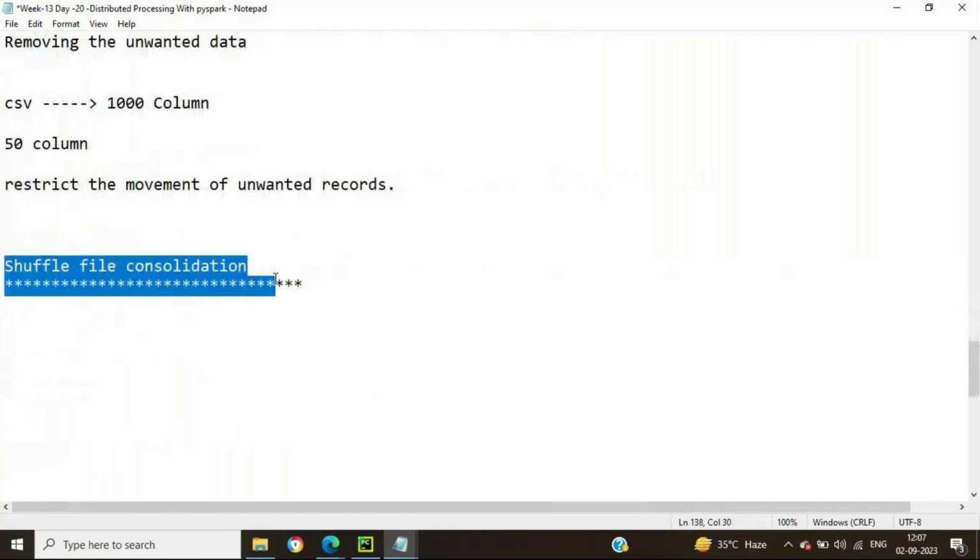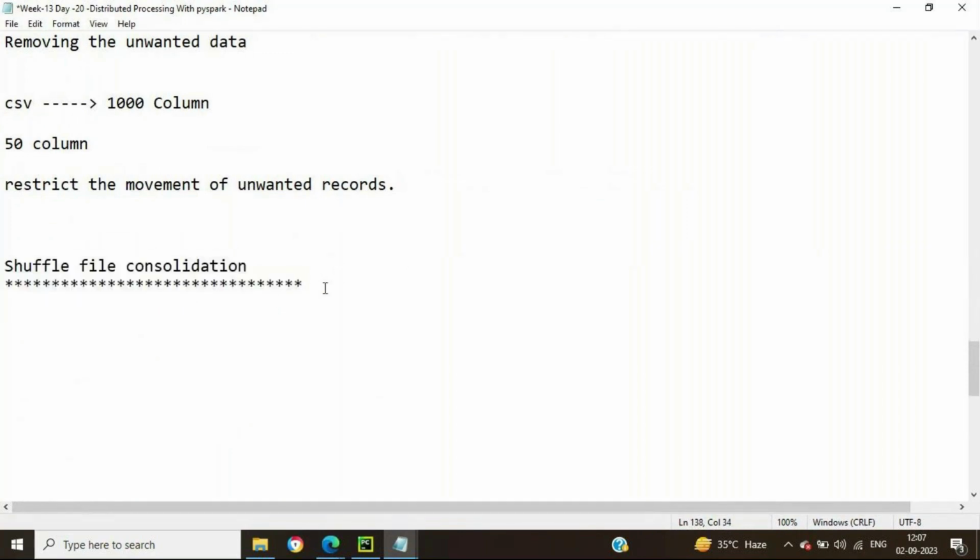We will be able to do shuffle file consolidation. These things are possible just by setting this property, spark.sql.adaptive.enabled, and we can just set it to true.